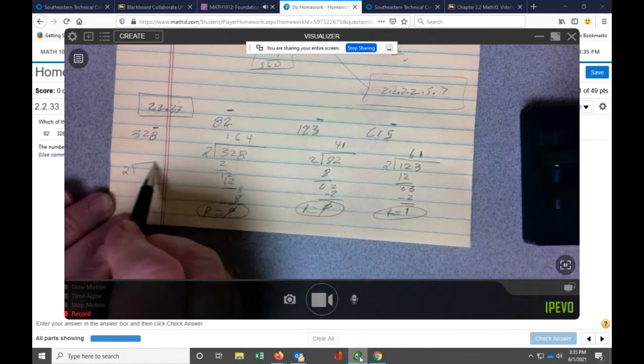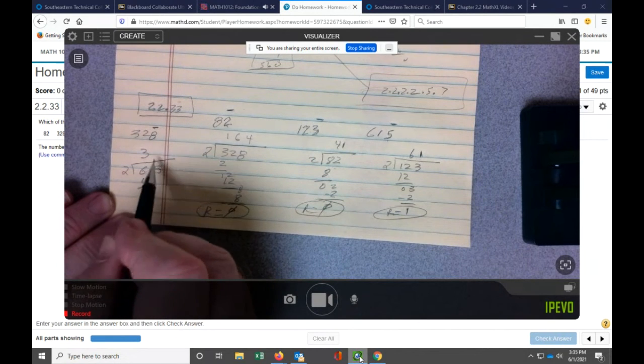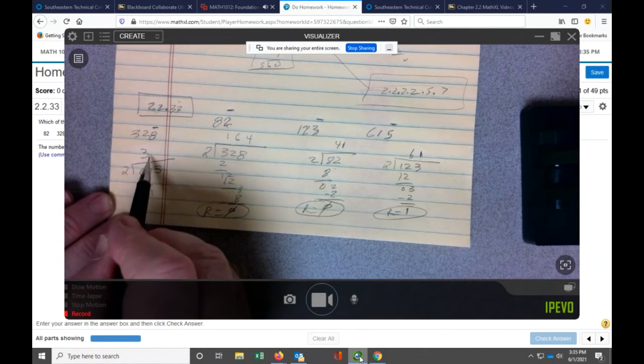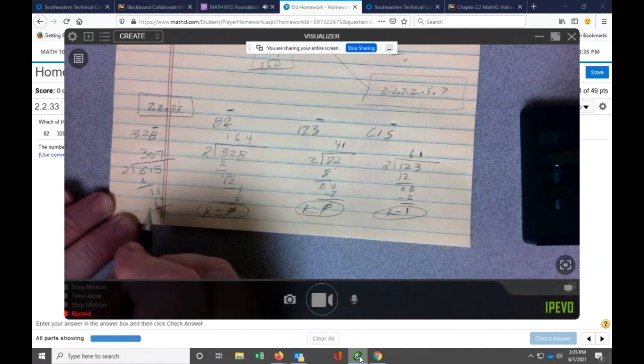And don't let me confuse you. I'm just going to hop over here and do 2 into 615 where I've got some room. 2 times 3 is 6. Whoops, can't go into that. Bring down the next number. Whoops. I get a remainder of 1 again.